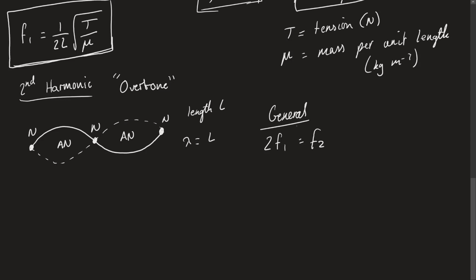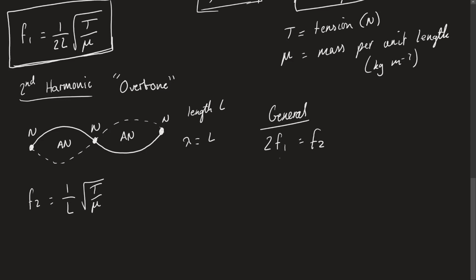Now, just to prove that this is true, notice that the only thing that's actually changed is the wavelength. The tension in the string could remain the same, and we've got the same string, so it has the same mass per unit length. So F2 is just going to be 1 over L times the square root of T over mu. So all we've done is double F1 to get to F2, which is why this is true.